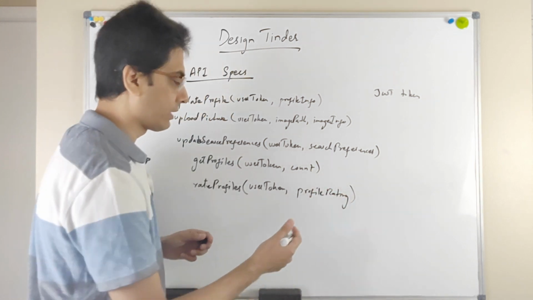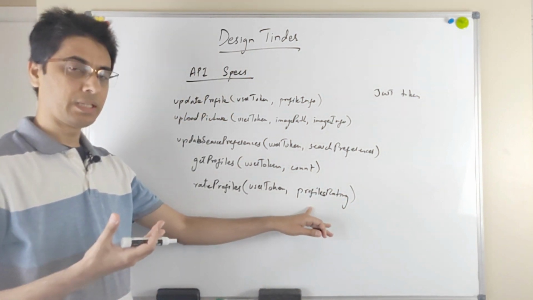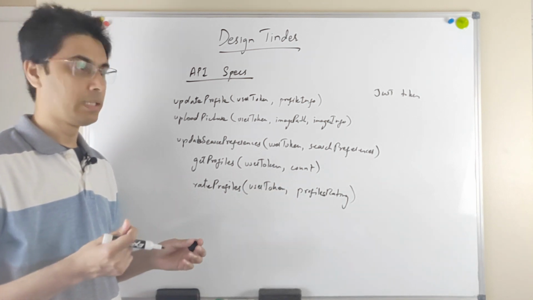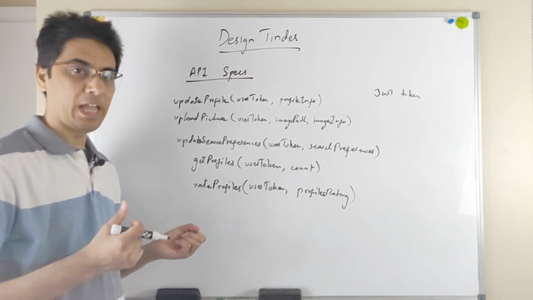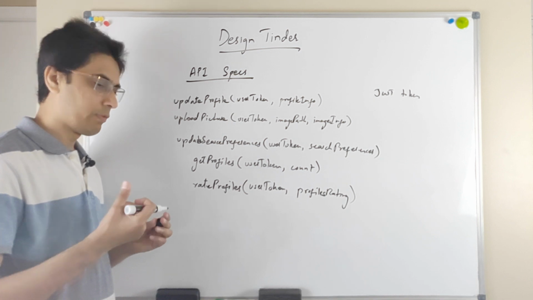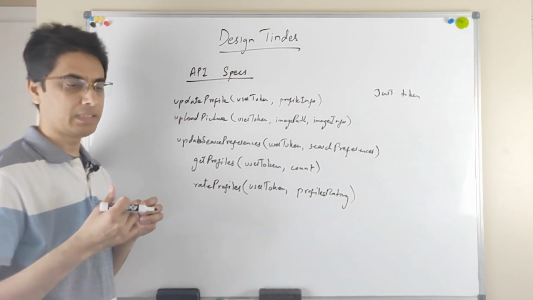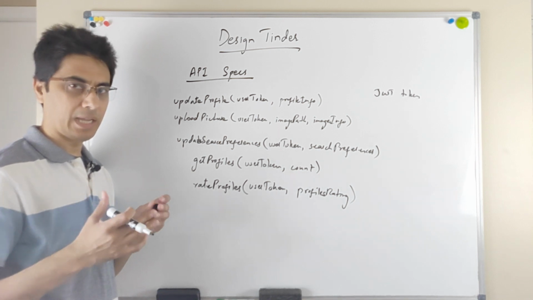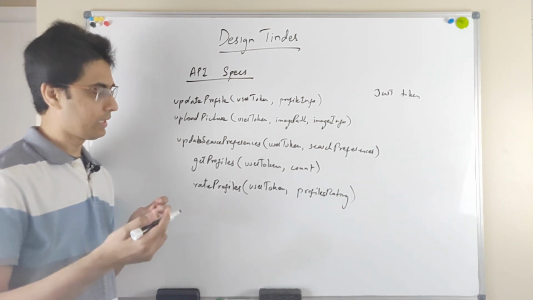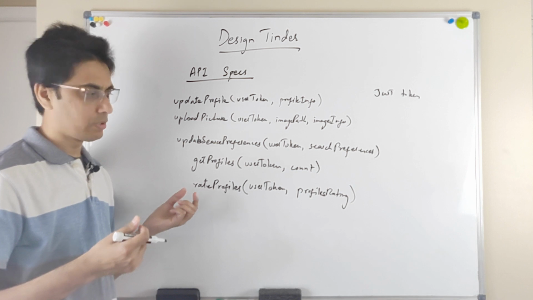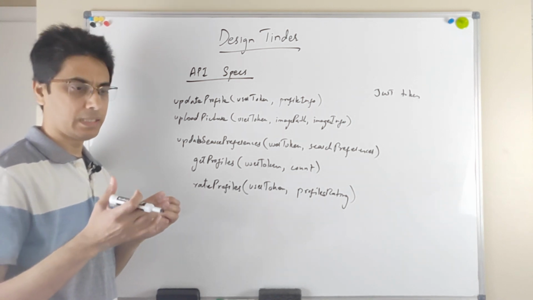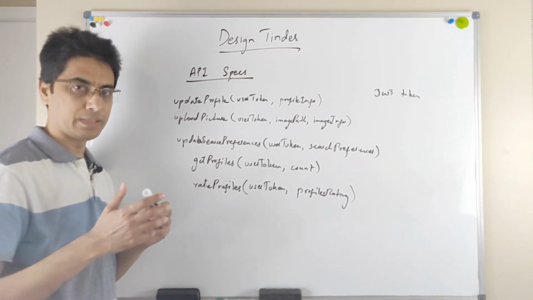And this profiles rating will not be just for a single profile. There's no need to call this API for every swipe left or right. What we would do when the user is swiping left or right is store that information, and then once we have, let's say, 10 swipes or 15 swipes, we will periodically call this API to actually like or unlike all those profiles in a batch call.